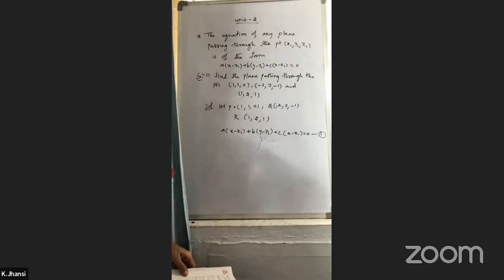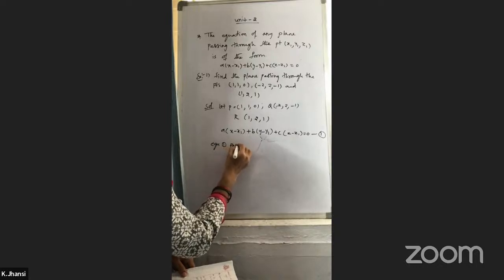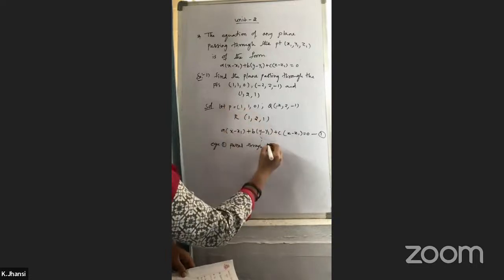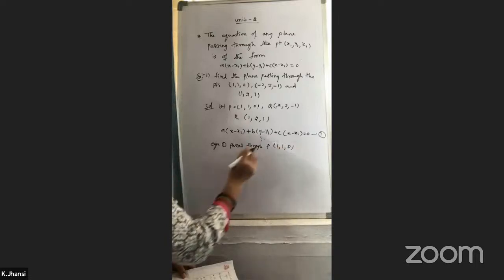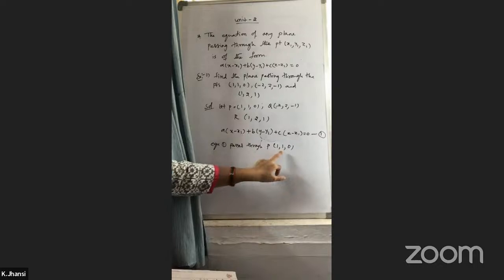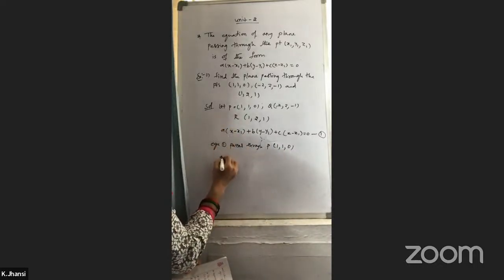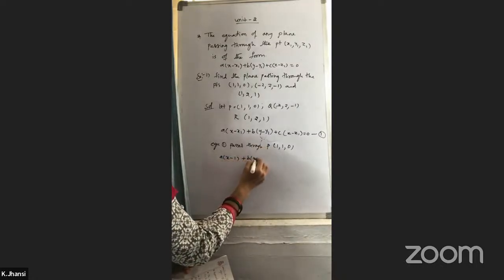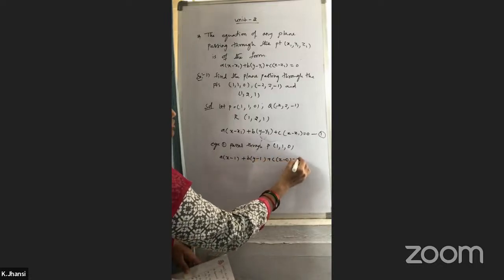Okay. Now, equation 1 passes through point P, that is (1, 1, 0). So if you substitute x1, y1 and z1 as 1, 1 and 0, then you will get one equation, that is a(x - 1) + b(y - 1) + c(z - 0) = 0.